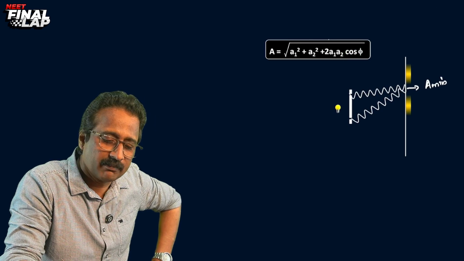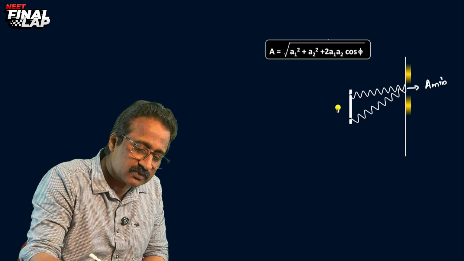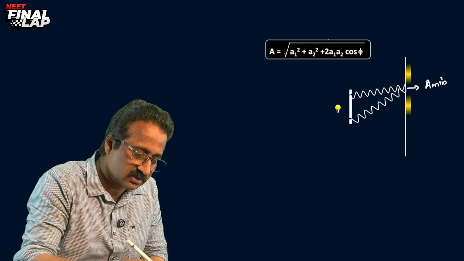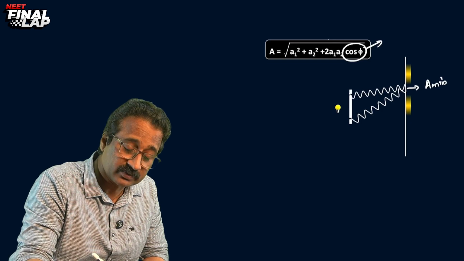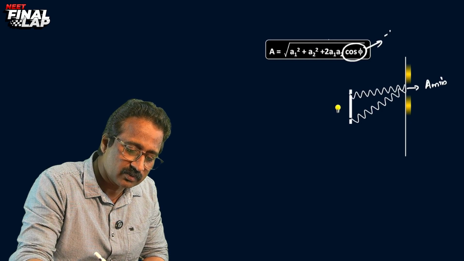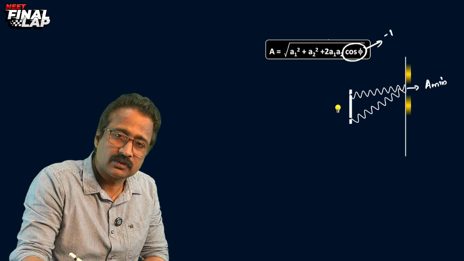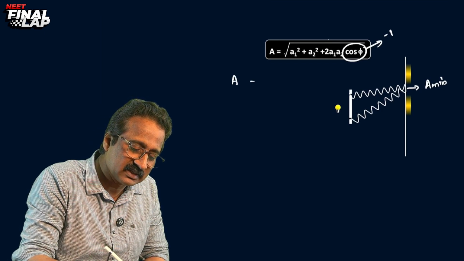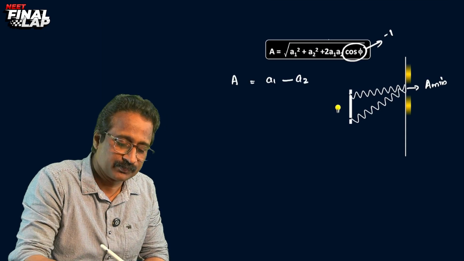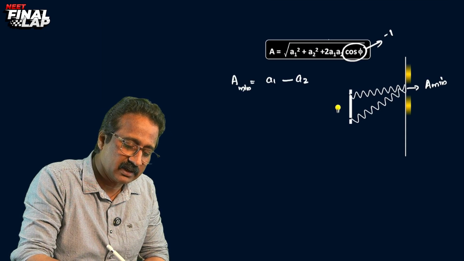Then cos pi, or cos 3 pi, or cos 5 pi, is going to be minus 1. So this gives you a1 squared plus a2 squared minus 2a1 a2. Simplifying that and taking root, you will see that it is a1 minus a2. That is A minimum.